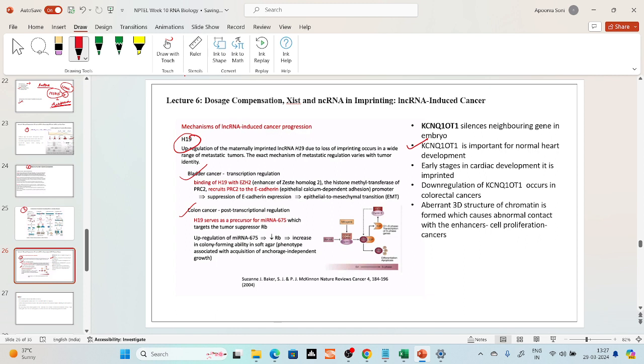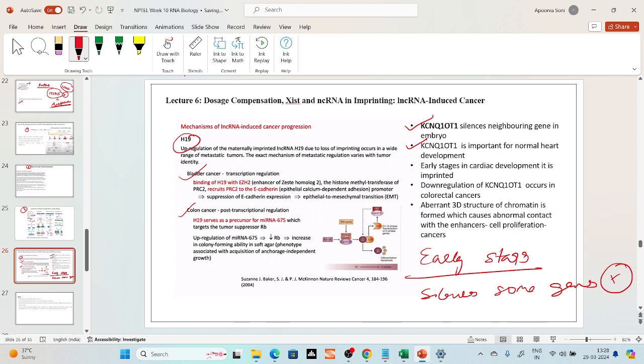So this KCNQ1OT1 silences neighboring genes. In the early stages of development, it silences some genes that are its neighboring genes. But if there is down-regulation of this KCNQ1OT1, then this silencing is stopped.